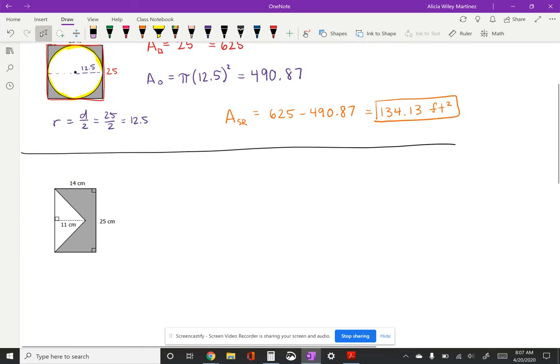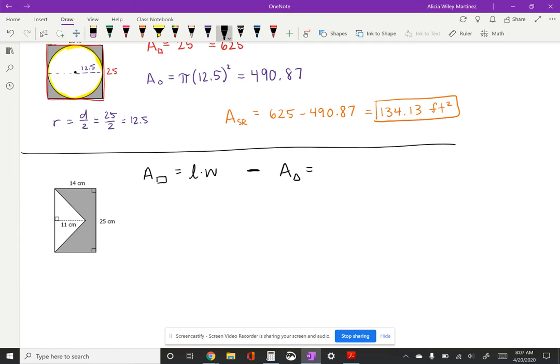Now for the next example, I'm not going to do the full example, I'm just going to talk about it. This is the area of a rectangle, which we know is length times width. All of that information is given to you. You're going to subtract the value of the area of that triangle.